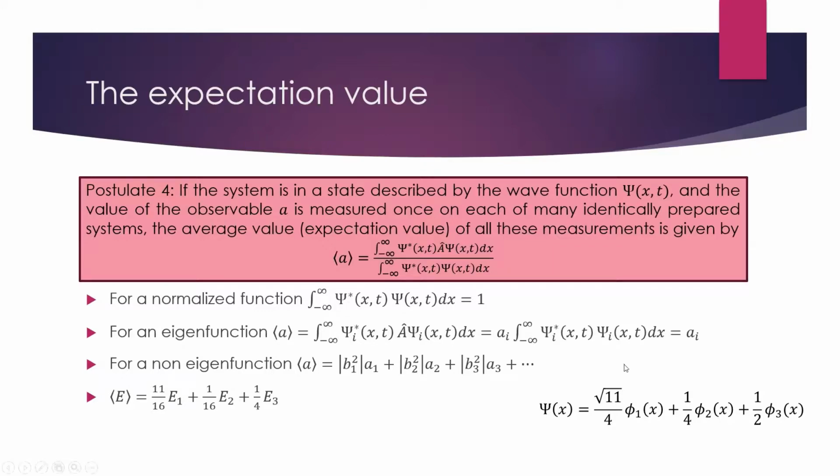If we were to measure this system, we know that 11 out of 16 times we are going to get E1. But if we were to do a single measurement, we could not be sure whether we are going to get E1, because we have this probabilistic value. This is very much like rolling a die or flipping a coin. You don't know what you're going to get when you roll the die or flip the coin.